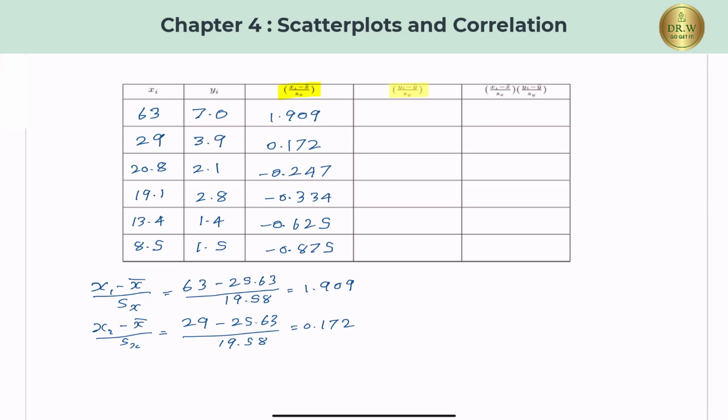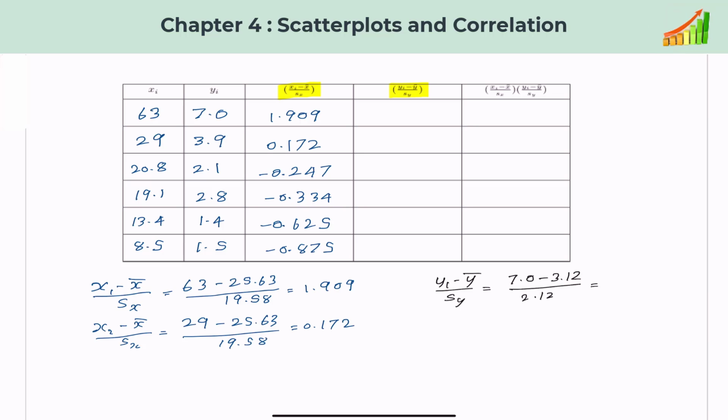Here we have yi minus y bar over sy. Let me explain that part for the first observation. y1 minus y bar over sy, y1 is 7 here, minus y bar is 3.12, divided by sy 2.12.